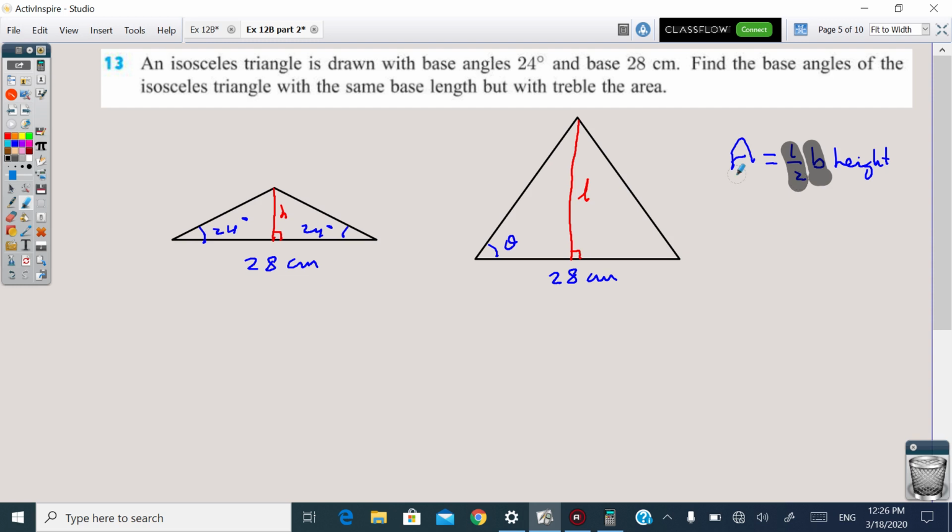So if the area of the second triangle is 3 times the area of the first triangle, then its height must be 3 times the height of the first one, because the half and the b are the same for both. So we can improve our work and say that this is 3h.